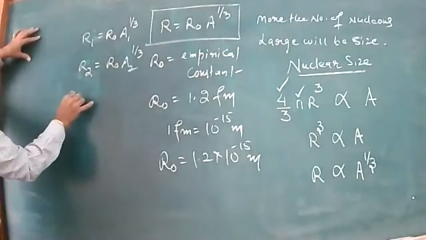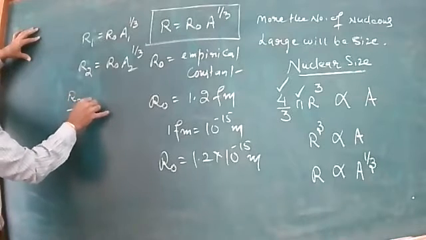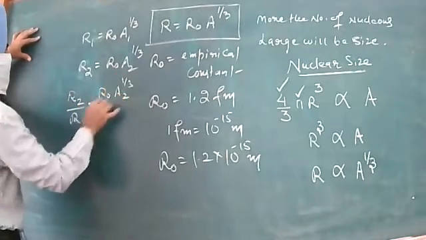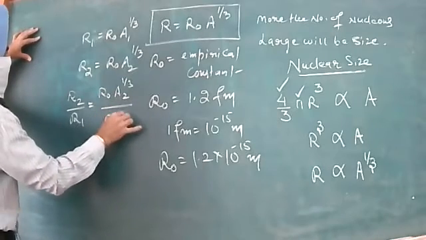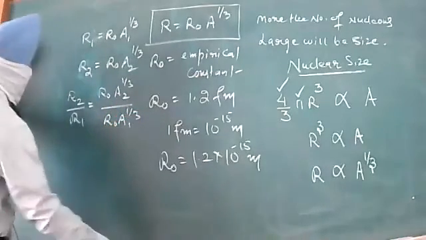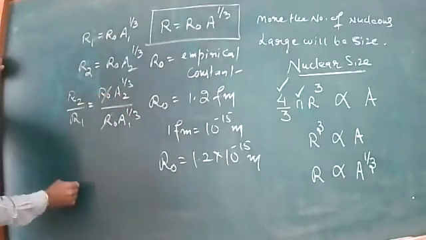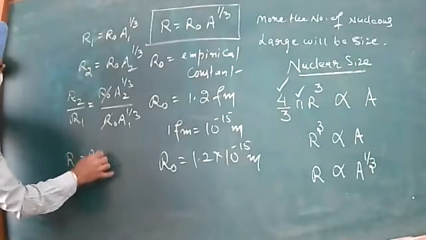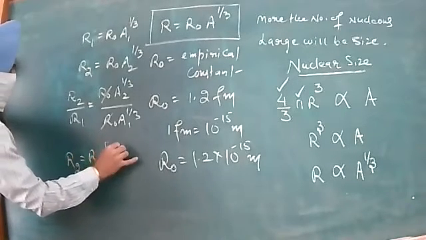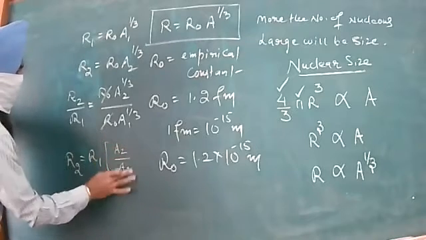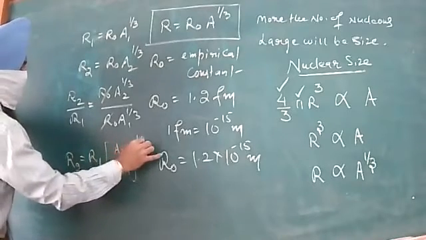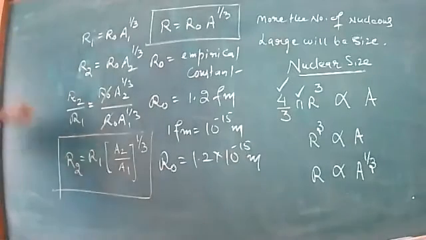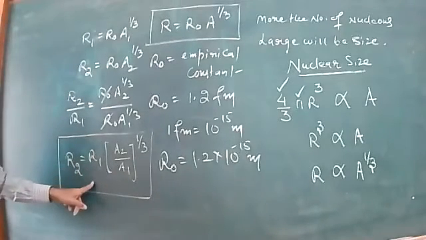So R2 upon R1 is R naught A2 power 1 by 3 upon R naught A1 power 1 by 3, and R naught gets cancelled, and your R2 is equal to R1 times, dear children, you can well see, the cube root of A2 upon A1. This is our standard relationship in order to calculate the required radius.